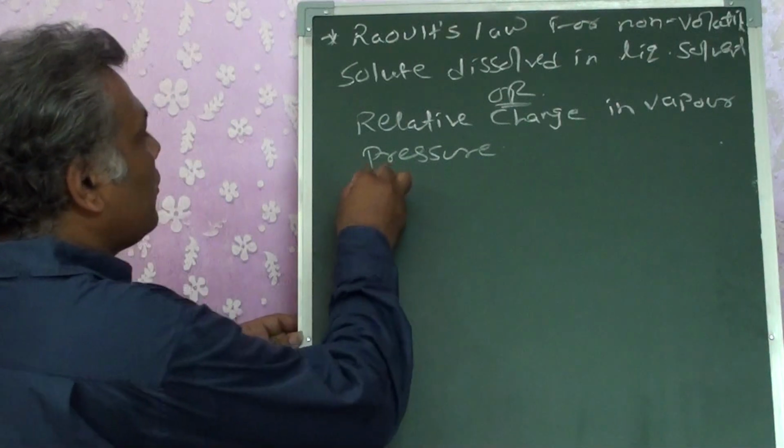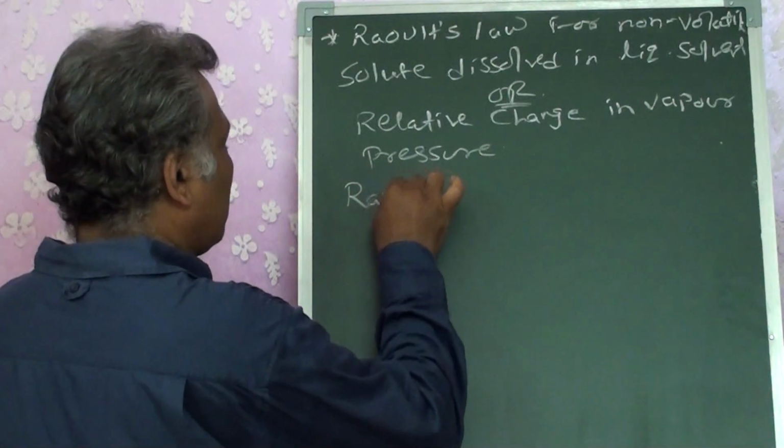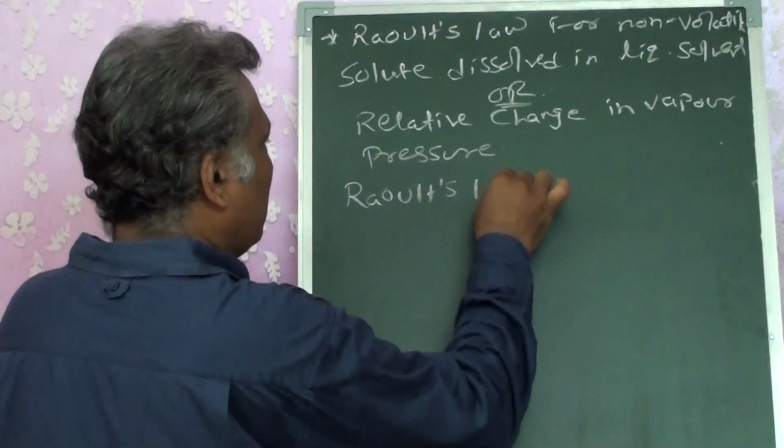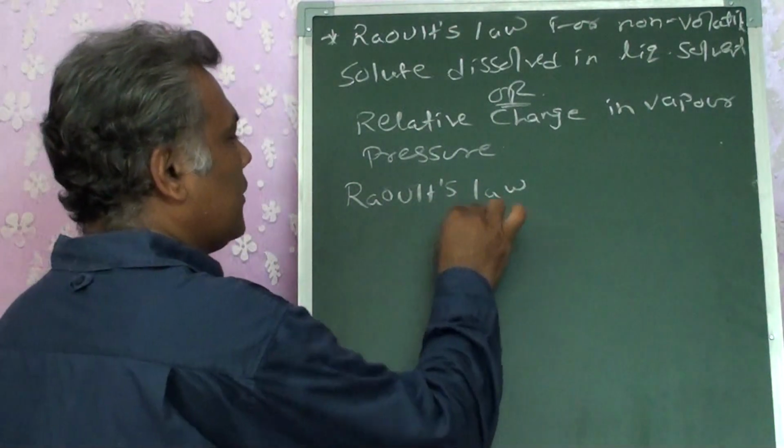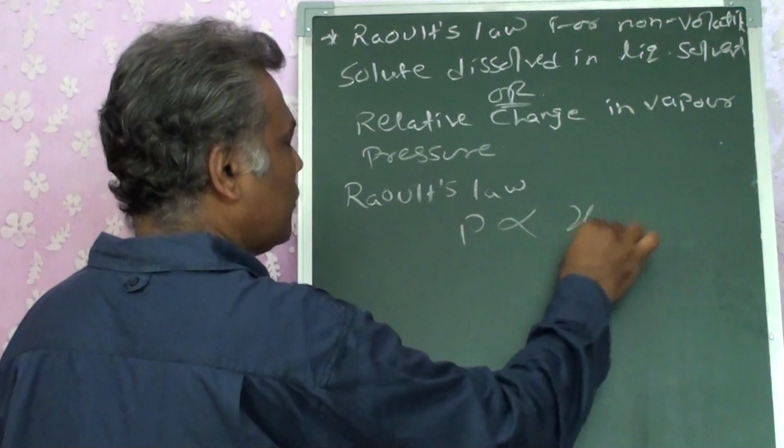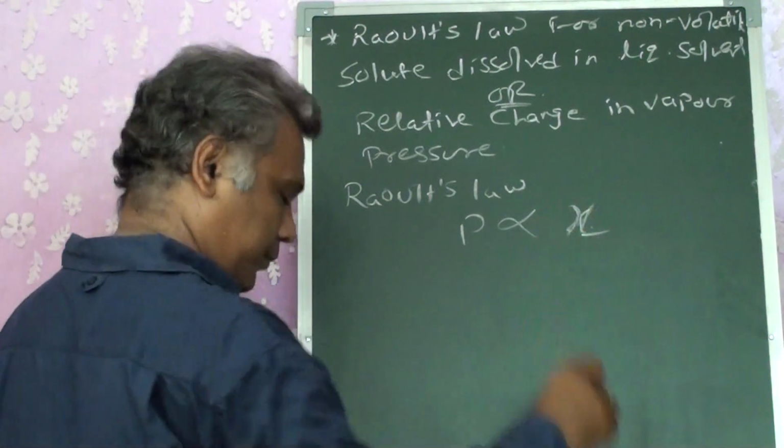Now, according to Raoult's law, it is already shown that P is proportional to mole fraction.